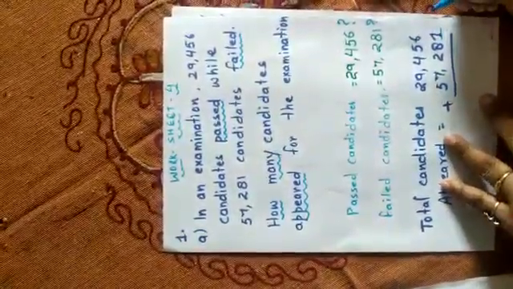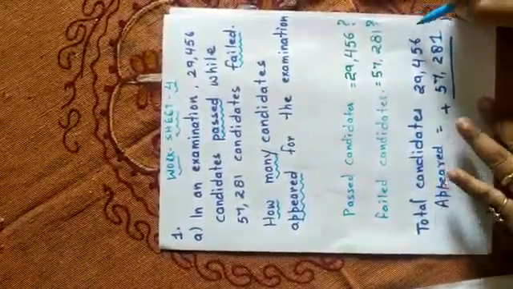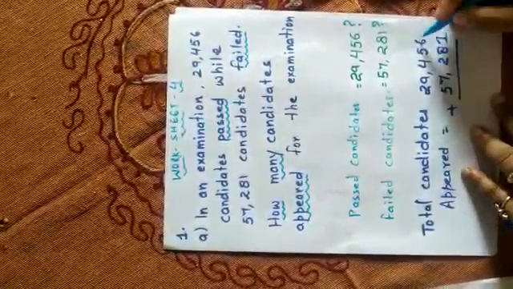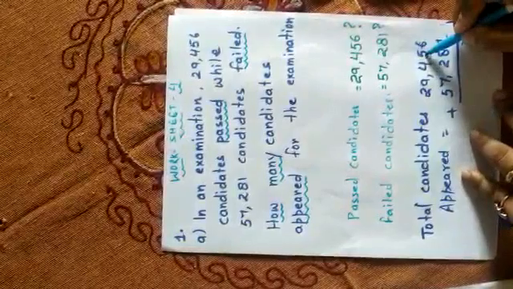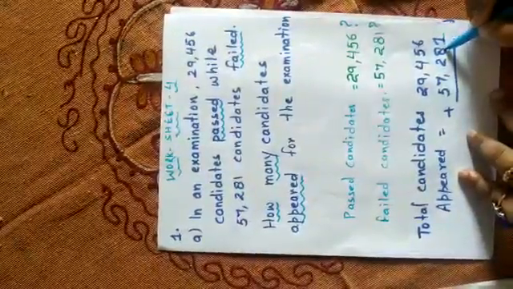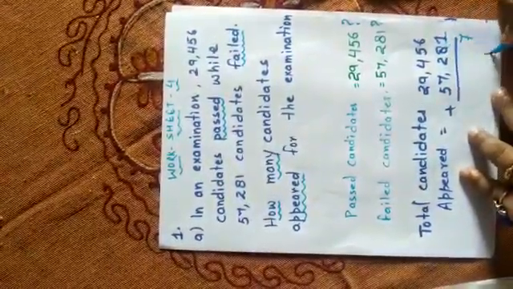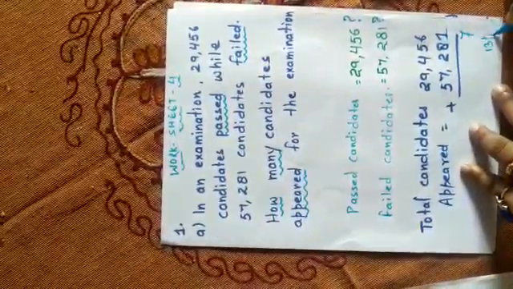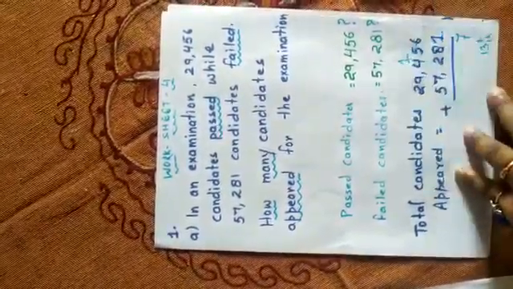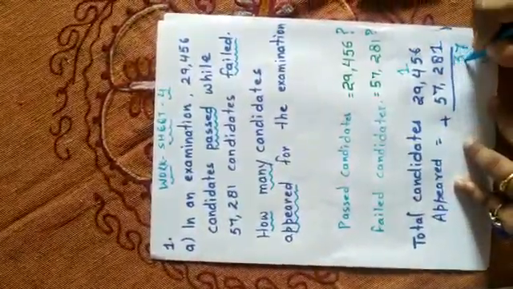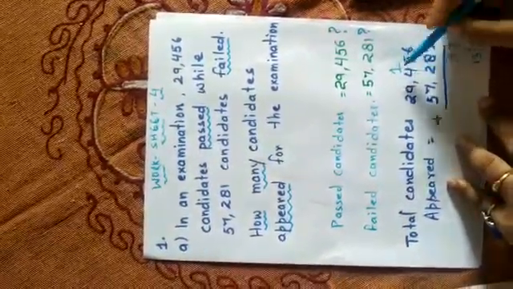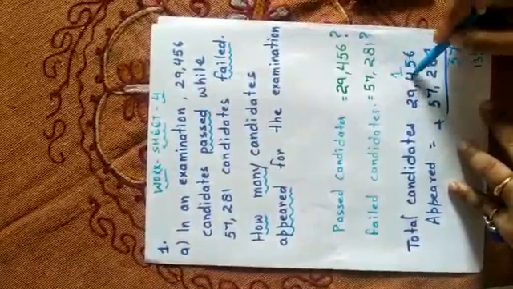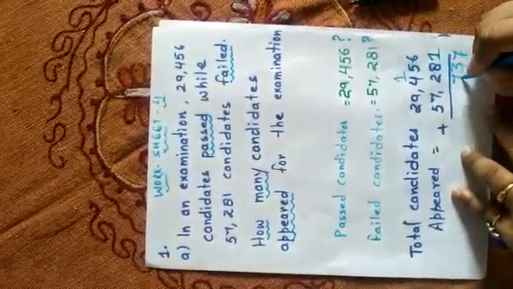According to the rule of addition, all of you know we start from the extreme right side, the ones place. 6 ones plus 1 one, 7 ones. 5 tens plus 8 tens, 13 tens. Out of 13, 100 will go in the hundreds column as a carryover and 3 will come in the tens column. Now, taking this carryover, 100 plus 400 plus 600 is 700.